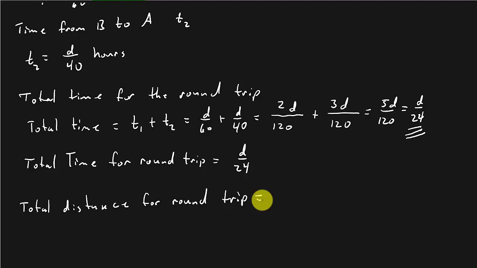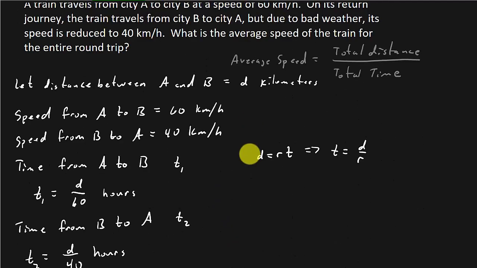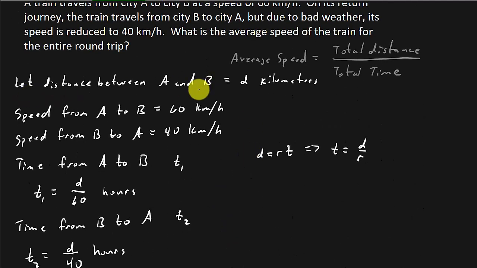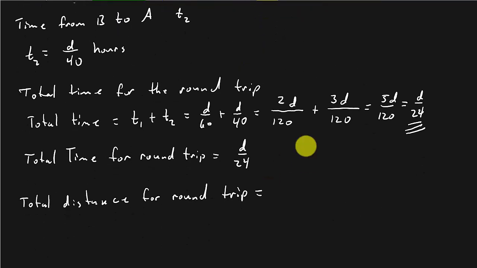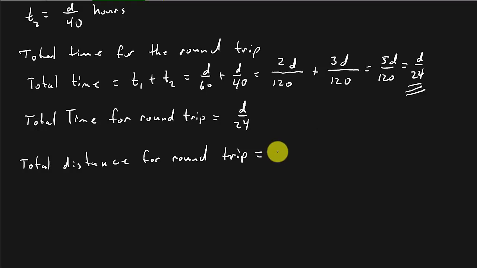Well, what would that be? Remember up here we said let the distance between A and B be D. So the distance for the round trip would be 2D, because going from A to B would be D, and then going back from B to A would be D, so D plus D would be 2D.